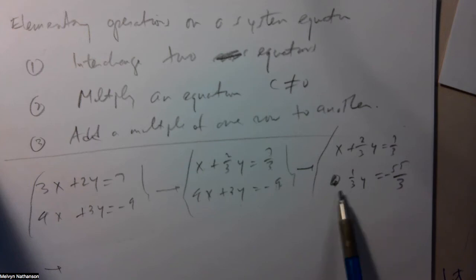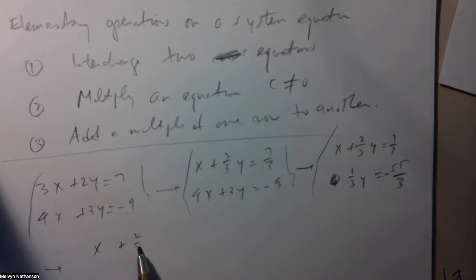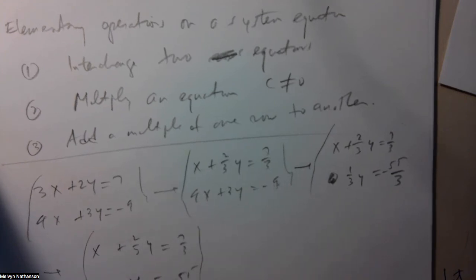Let me multiply the second equation by 3. So I have x plus 2/3 y equals 7/3, and y equals minus 55. If I add minus 2/3 times the second row to the first row, this is still y equals minus 55.